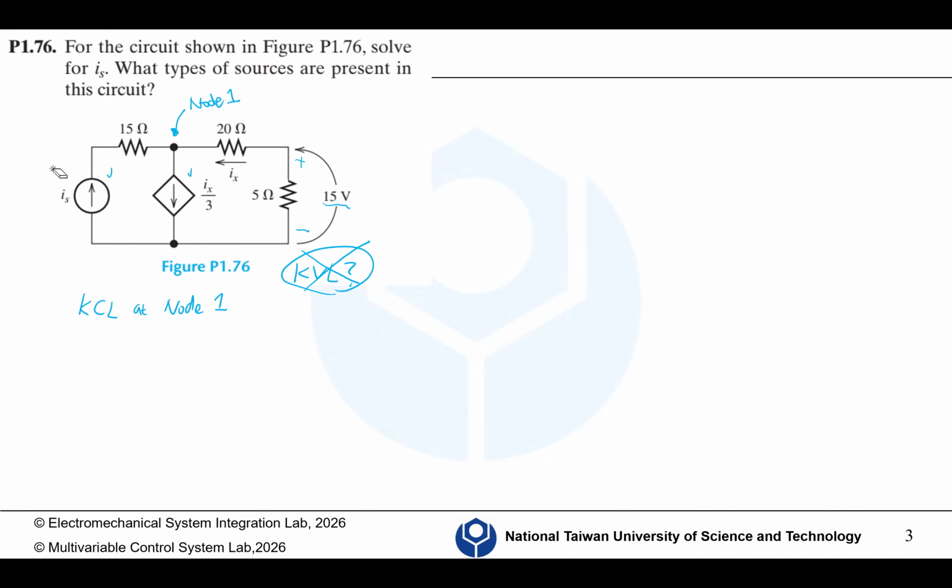However, if you observe at node 1, the current flowing into node 1 should be Is, right? Flowing into node 1, plus Ix, equals Ix over 3.